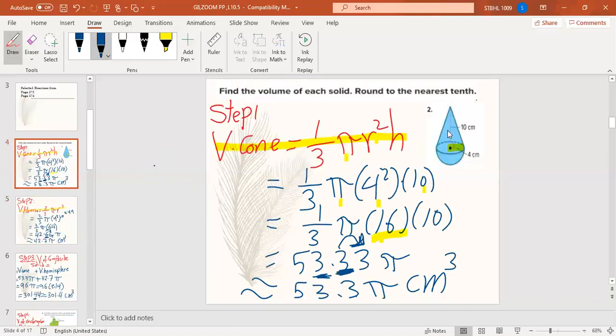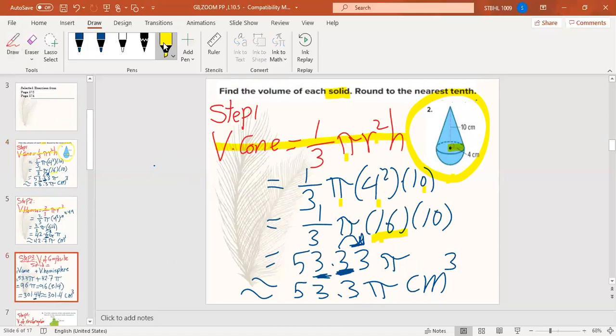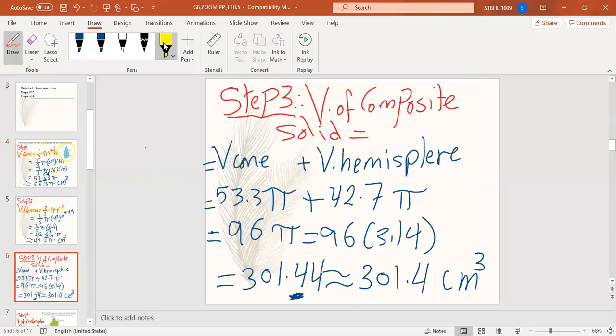And don't forget that we are trying to find the volume of the composite solid, which consists of a cone and a hemisphere. We already found the volume of the cone and the volume of the hemisphere. So the last step will be step 3, find the volume of the composite solid.